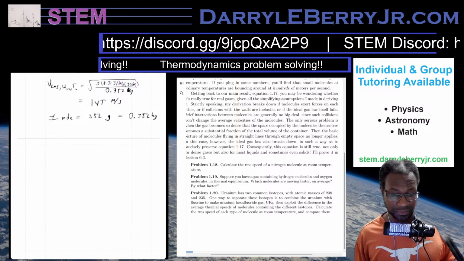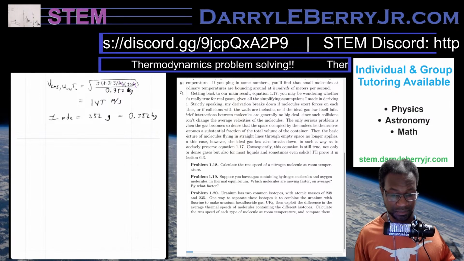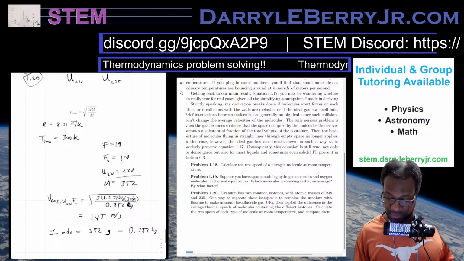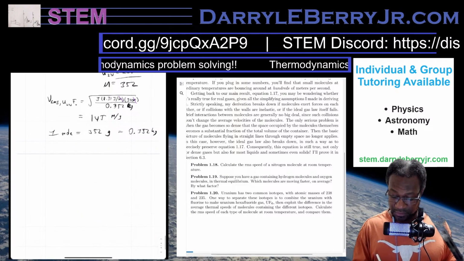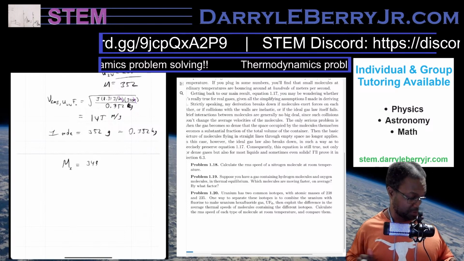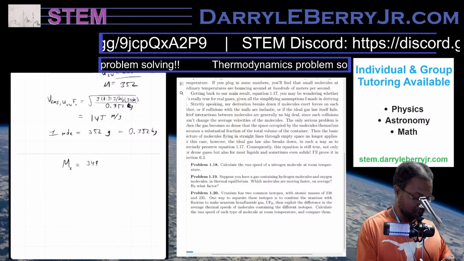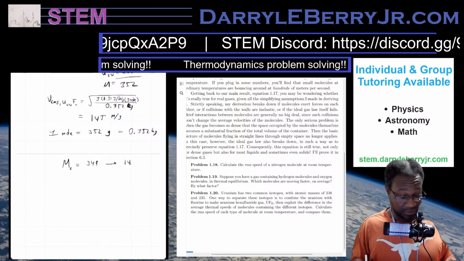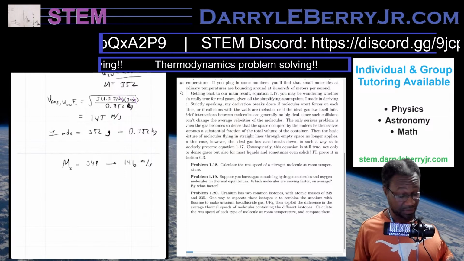The molecular weight is only 349. Makes sense? There's three differences between 235 and 238. So M2 equals 349. That makes sense. So if I put in 349, it gives me 146.146 meters per second.